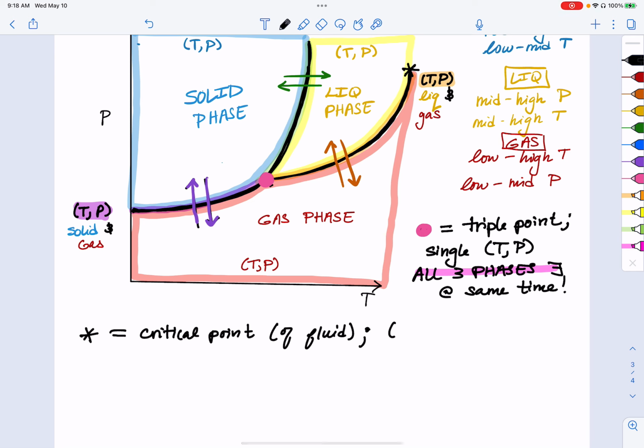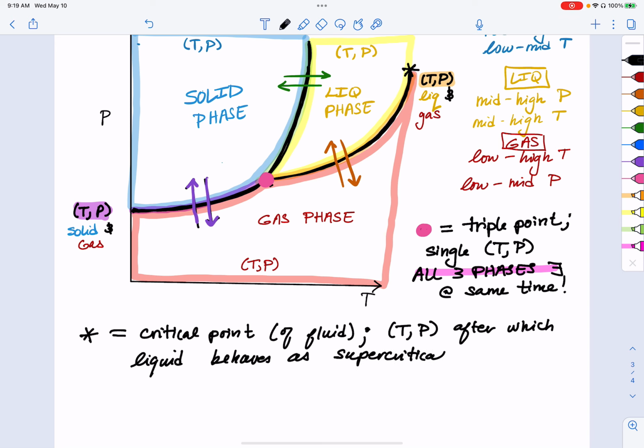And this is a temperature and pressure point after which, if we surpass that temperature or that pressure, our liquid behaves as what's called a supercritical fluid.